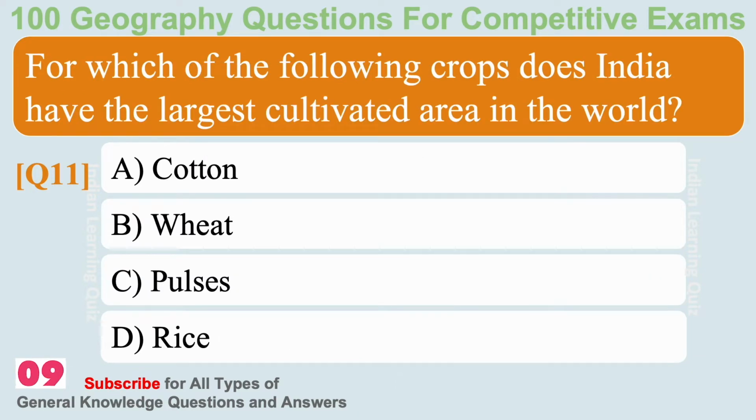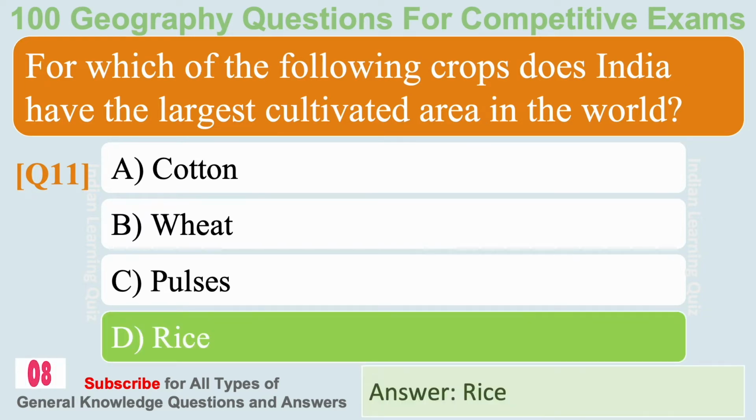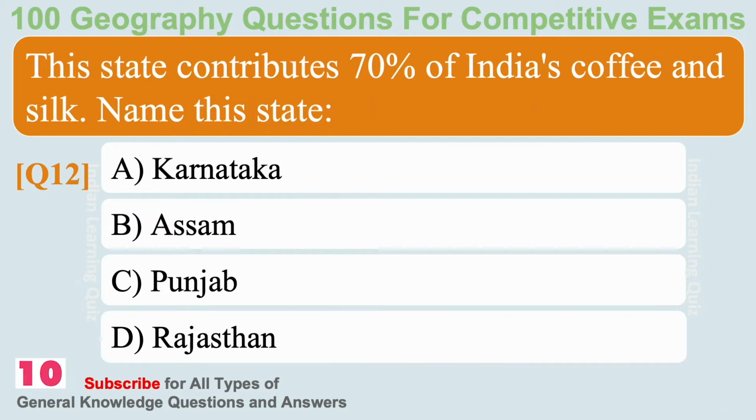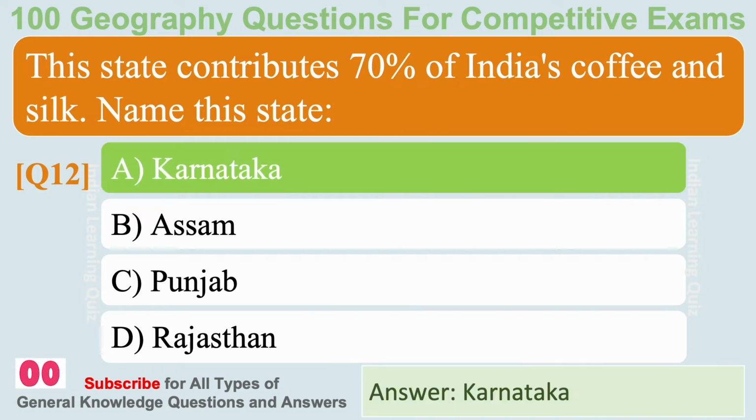For which of the following crops does India have the largest cultivated area in the world? Answer. Rice. This state contributes 70% of India's coffee and silk. Name the state. Answer. Karnataka.